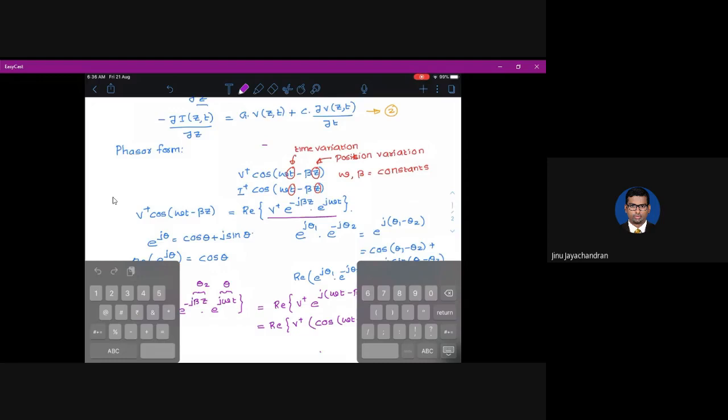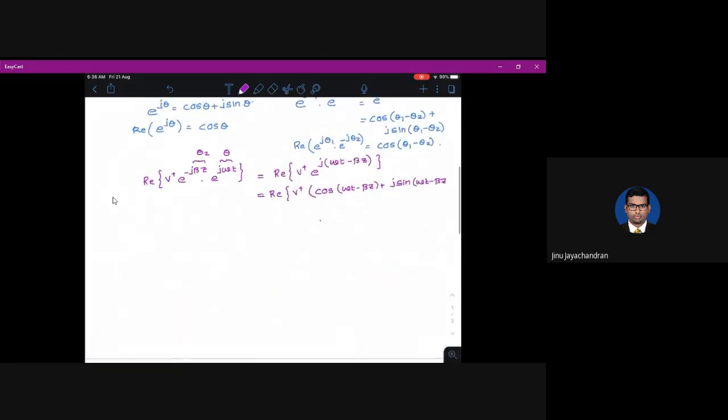Now, again, the sine term is the imaginary part. So I can write this as v plus cos of omega t minus beta z. So this is the equation of the wave which we said earlier.